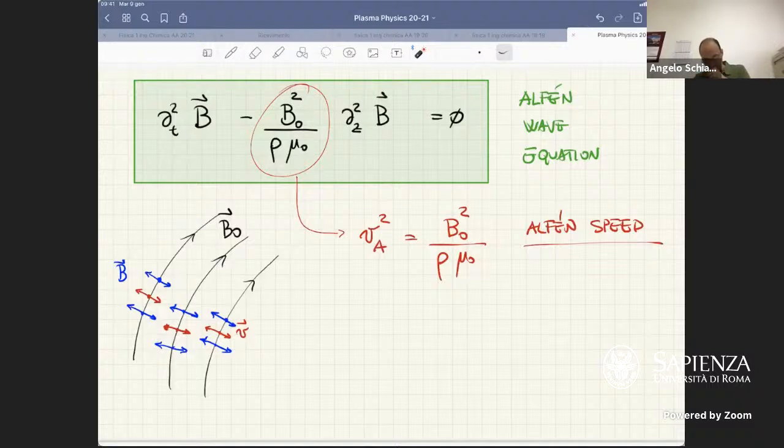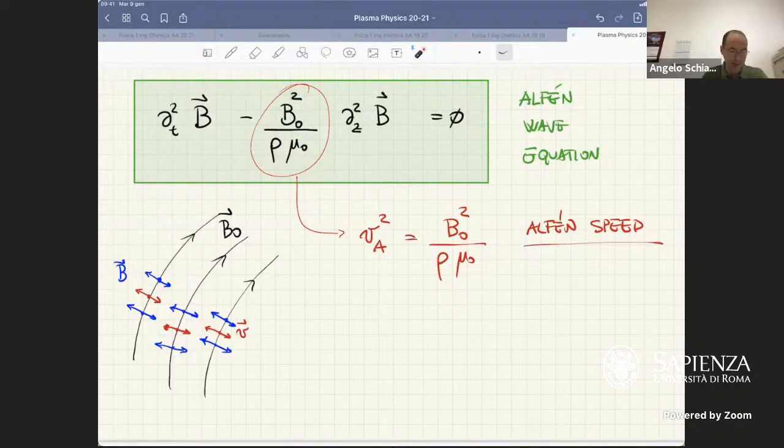But they can be very fast compared to usual thermal waves, thermal motion, acoustic waves and so on. So they are much faster than the usual fluid dynamics of the plasma.